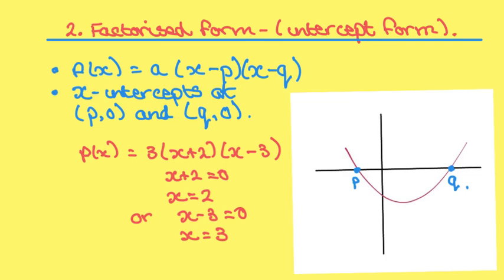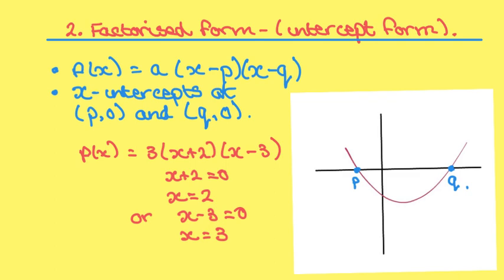So p would be minus 2, q would be 3. So be careful. You can read off p and q if they are written as x minus p, x minus q. Otherwise, if you're not sure, always put them equal to 0 and solve.